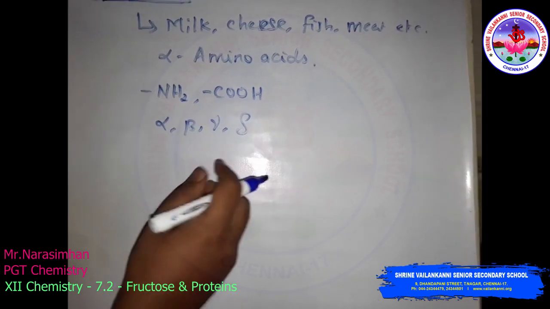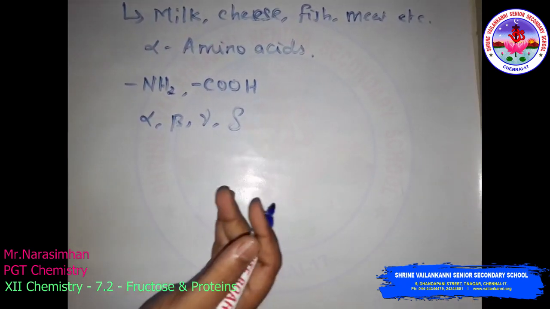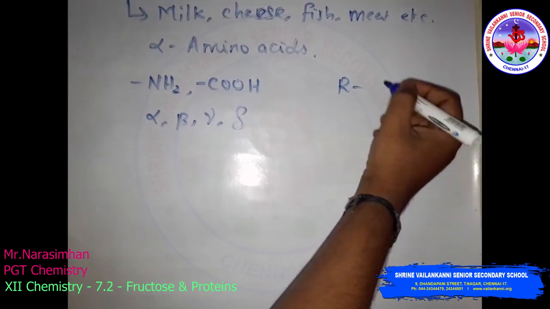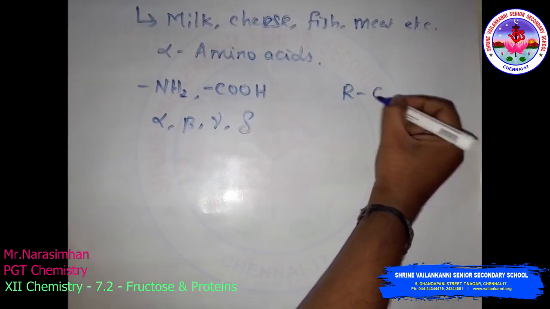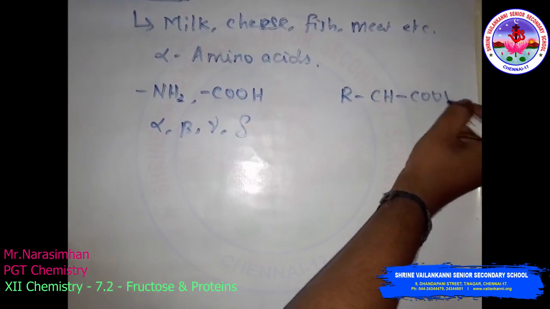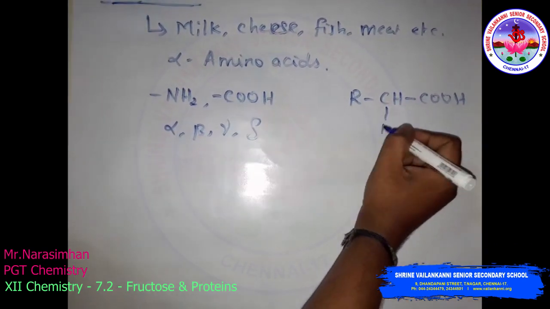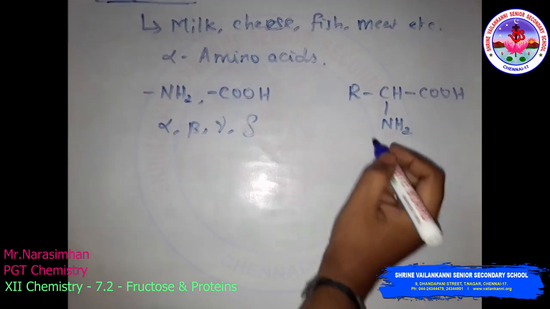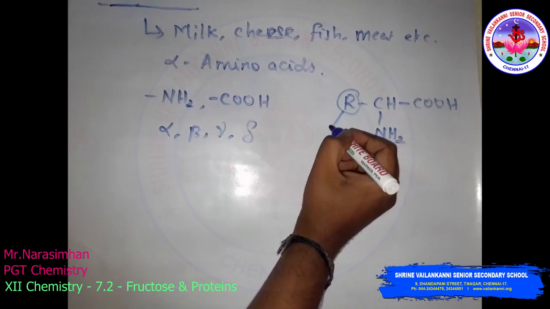They may contain other functional groups also. The general alpha amino acid is RCH(NH2)COOH, where R indicates the side chain.